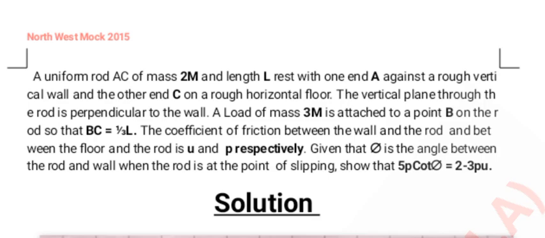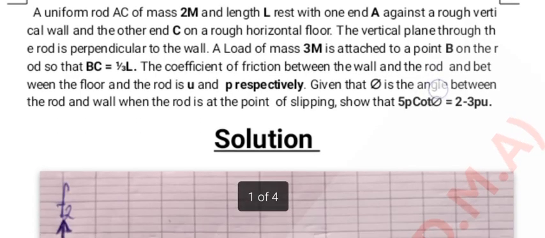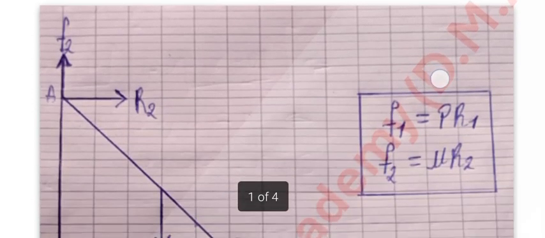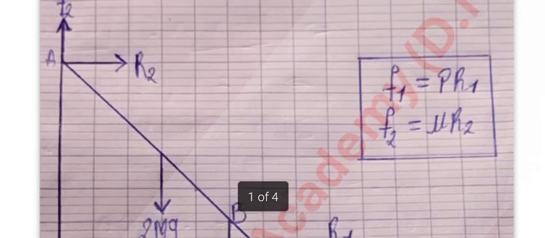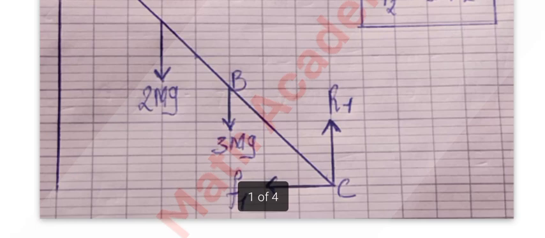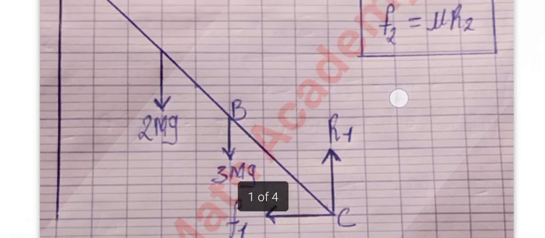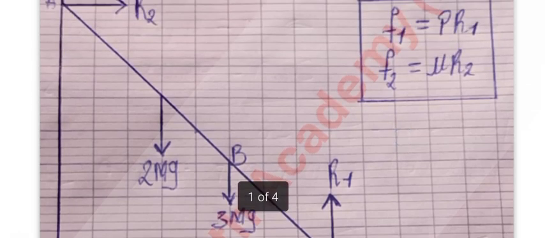Okay, they said a uniform rod AC of mass 2m. This is my rod here that I've drawn already. Yeah, this is the rod AC. You can see this is the point A and this is the point C, of mass 2m. So the weight is the mass times g, the acceleration due to gravity.